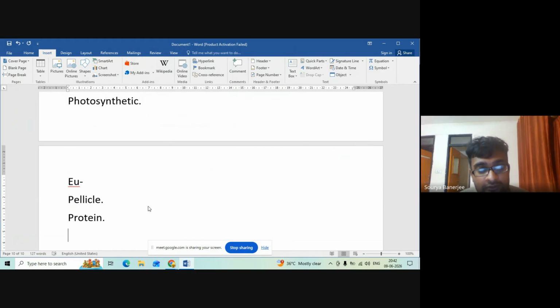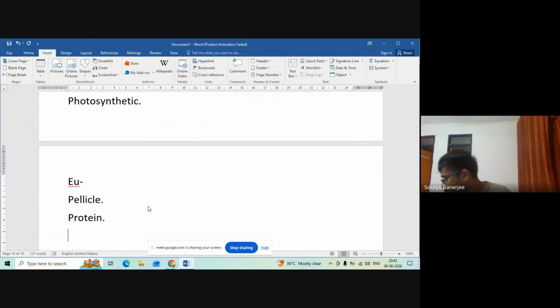Autotroph has two types: photoautotroph and chemoautotroph. If light is there, it is photo. If light is not there, they will produce their own food by breaking down chemicals. That's why they are called chemoautotrophs. Euglenoids are not found in marine water, they are found in fresh water.